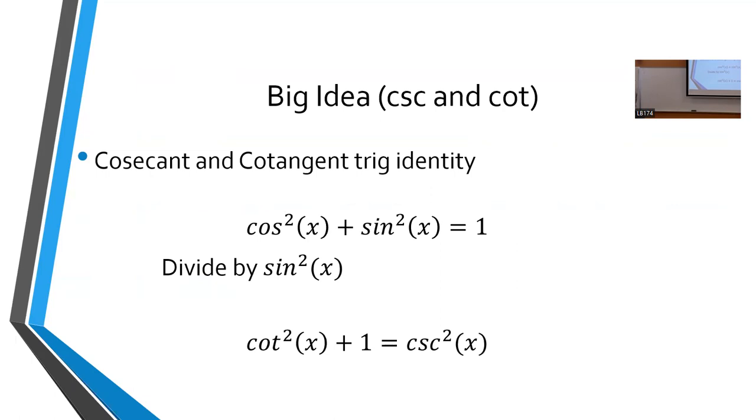Except when you take a derivative of cotangent, you get negative cosecant squared. And when you take a derivative of cosecant, you get negative cosecant times cotangent. Remember that? Standard derivatives there.